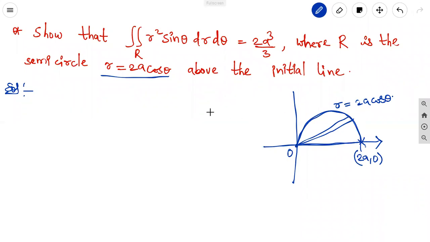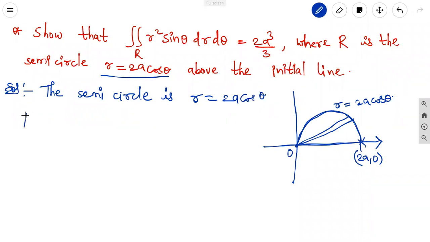Here we first discuss the semicircle and the limits of r and θ. The given semicircle equation is r = 2a cos θ.